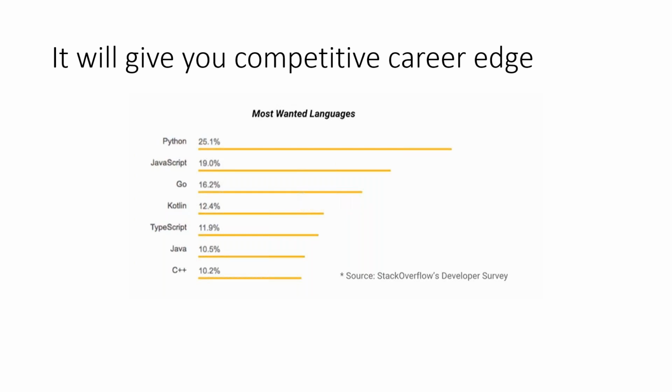If that is the case, if you have to learn one programming language, even if you learn Python as a general purpose programming language, it will give you a competitive edge in your careers. In fact, again, in Stack Overflow's developer survey, Python is the leading general purpose programming language, only followed by JavaScript. If you look at Java, Java has fallen down to a lower position.